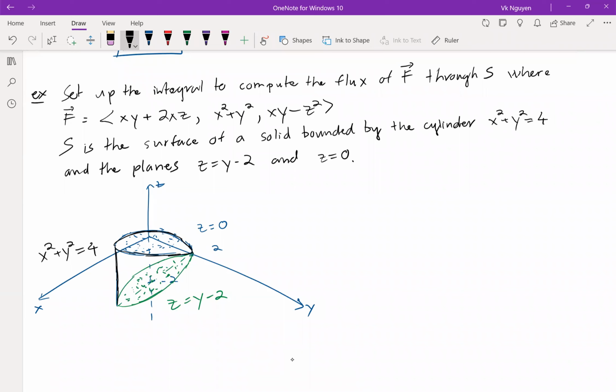I mean, you're going to see that there are a total of 3 surfaces.